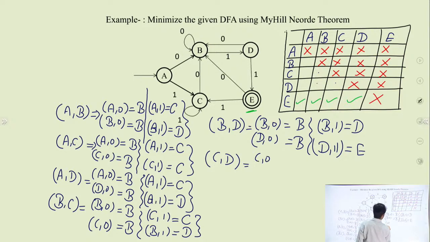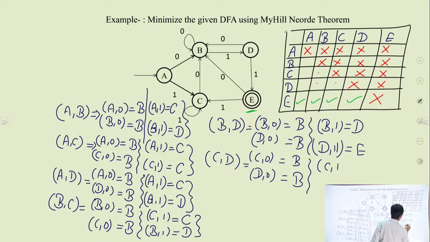C on 0, D on 0: C on input 0 goes to B, D on input 0 goes to B. Next C on 1 and D on 1: C on 1 goes to C, and D on 1 goes to E.